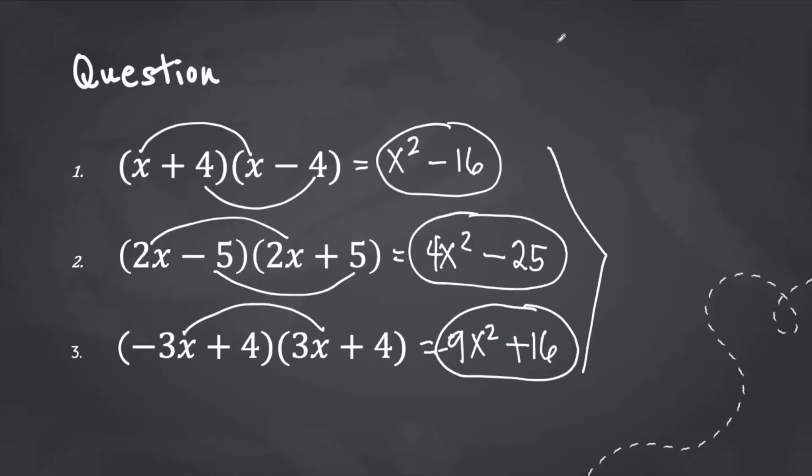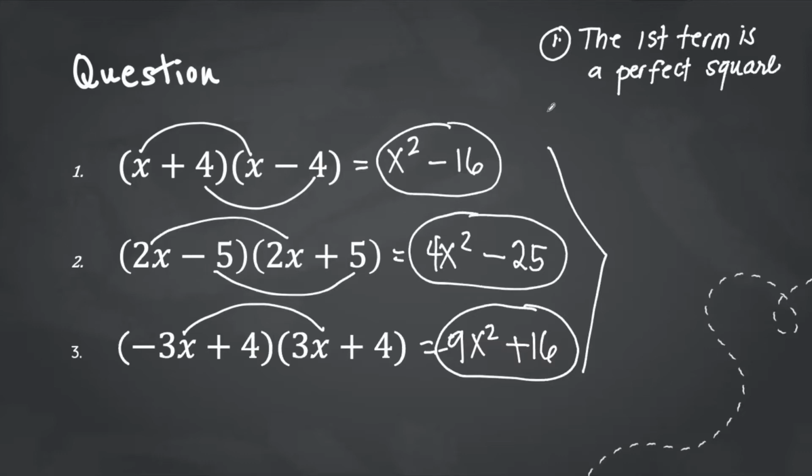Okay, the first observation we have is that the first term is a perfect square. And then the next observation is that the second term is also a perfect square.